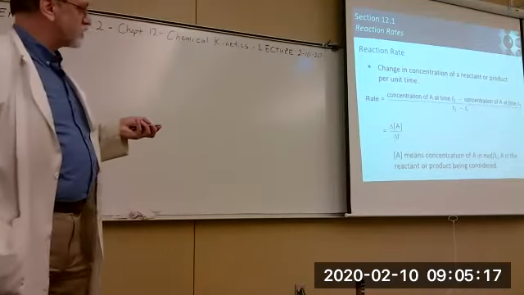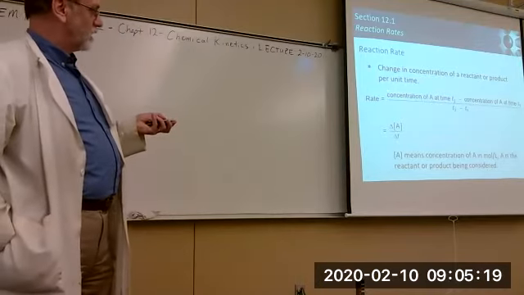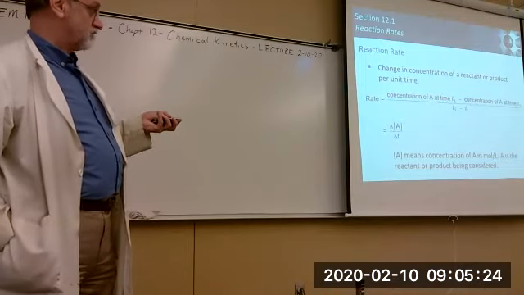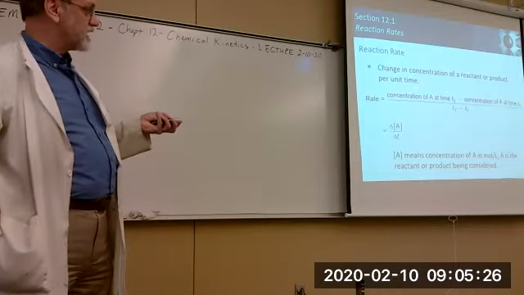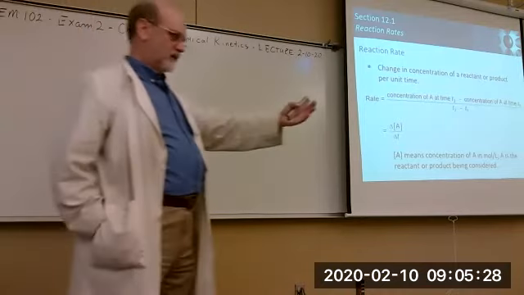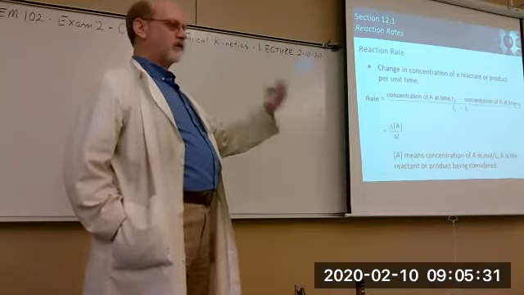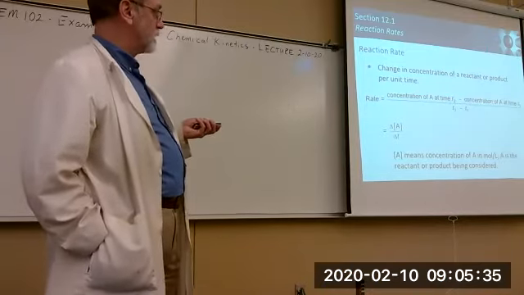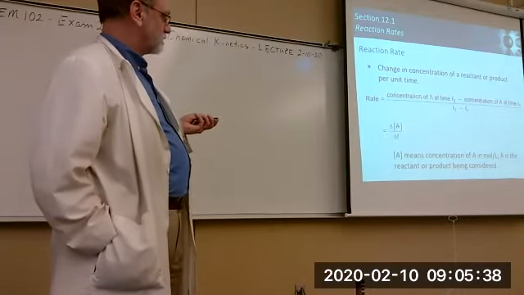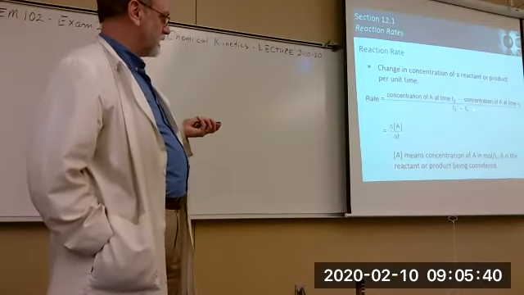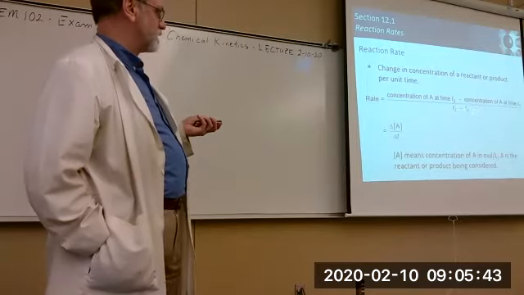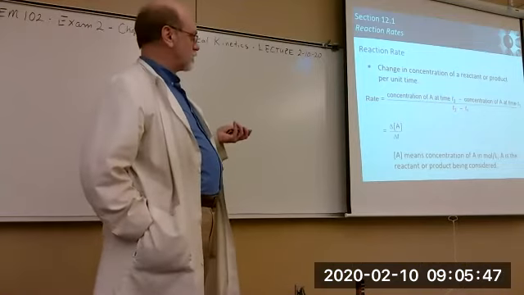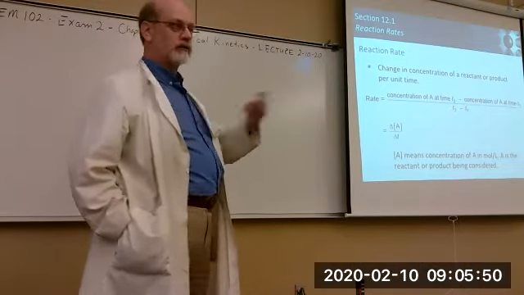So we measure the concentration at the end, at time T2, which would be the latter time, and T1 would be your beginning time. So whenever you start, the concentration is here. When you end, it's here. And this is how much time it took to get there. So the ending time minus the beginning time. Of course, if you start at time 0, then your change in time is equal to T2.